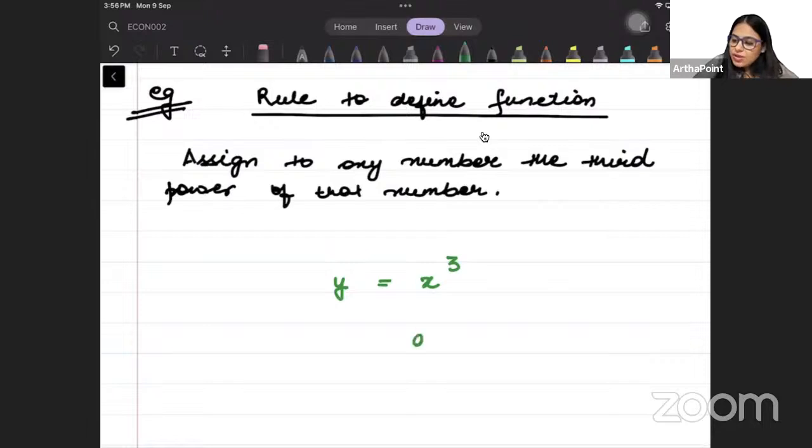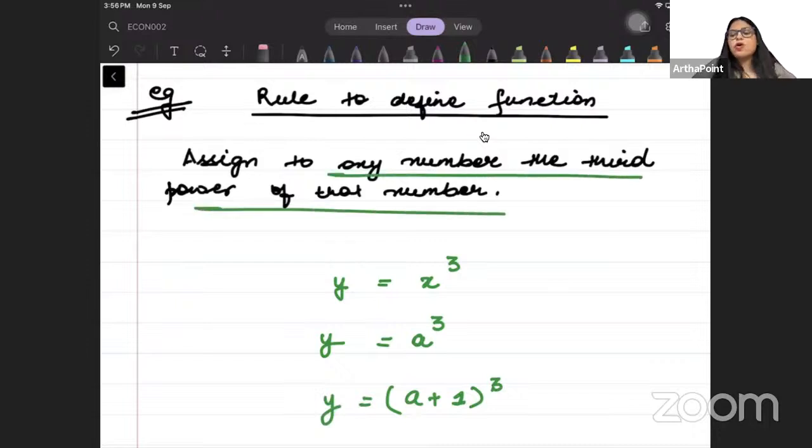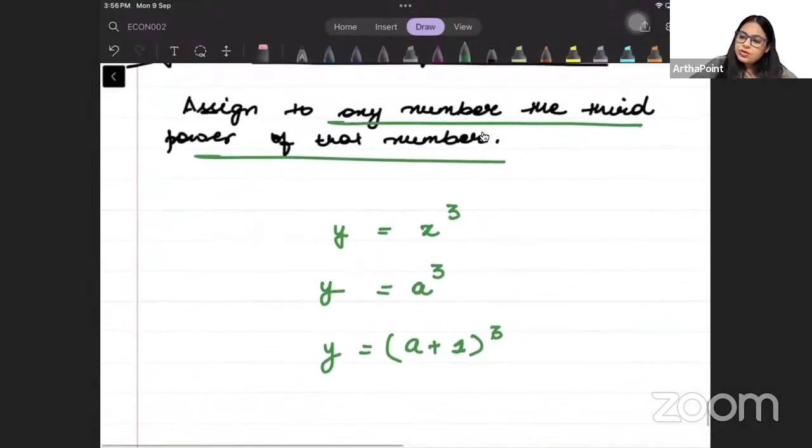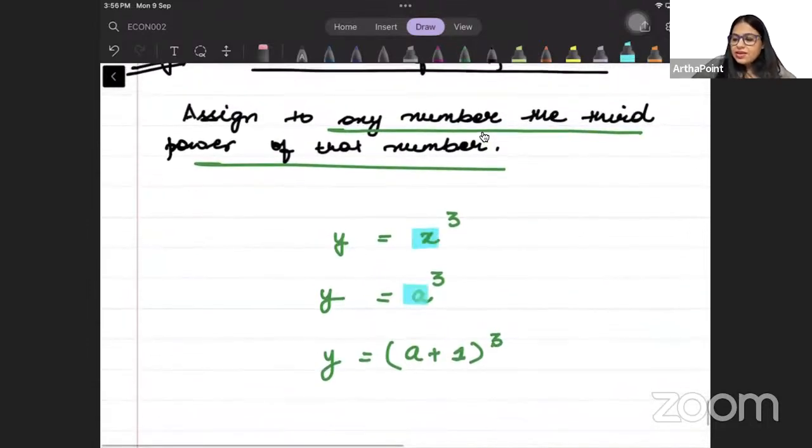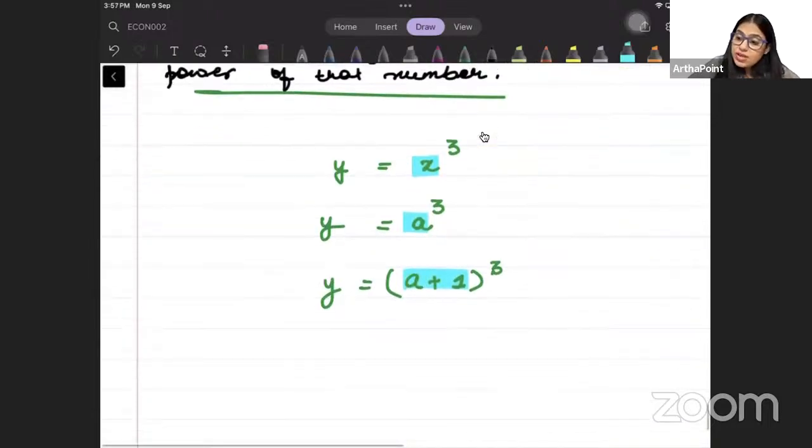We take the number to be a and we give it third power, that will give us a new number. We can take the number to be a plus 1. कुछ भी हो सकता है वो. Anything. We raise it to third power. That will be giving us our new number. Assign to any number the third power of that number. So you take any number: x, a plus 1, a plus 5, a minus 8. कुछ भी लो.